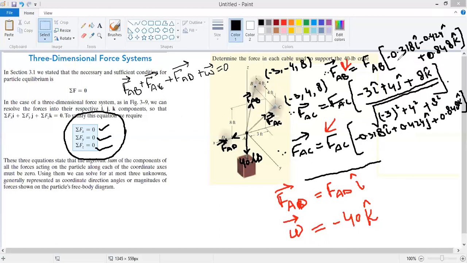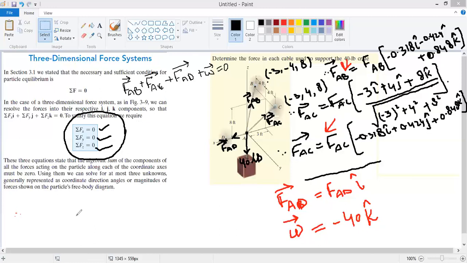So we have FAB 0.318 i cap minus FAC 0.318 i cap plus FAD i cap. So these will be our i components. We'll separate the i components here.